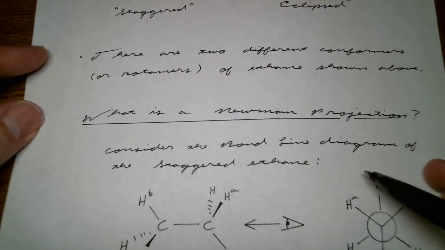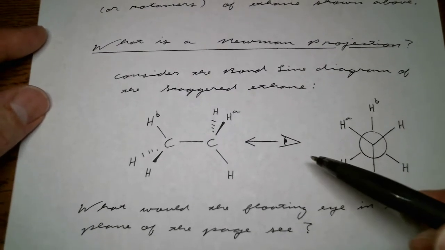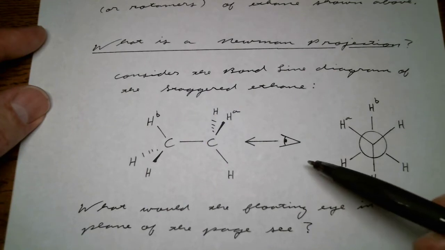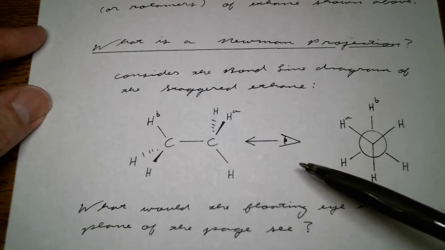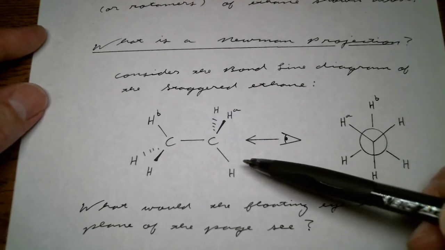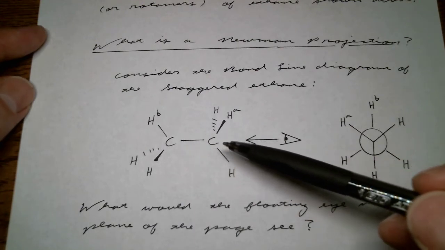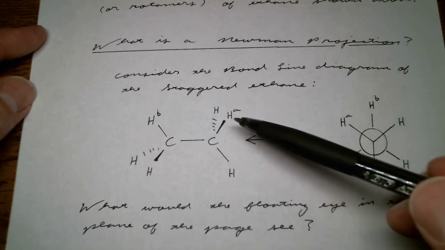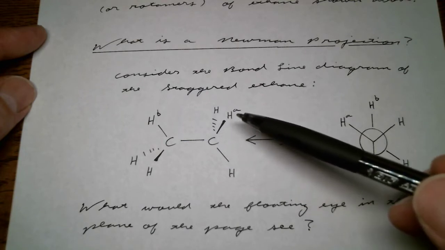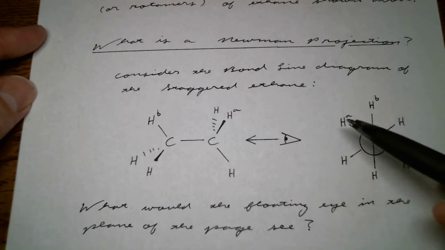Well, let's consider a bond line diagram of staggered ethane. What would the floating eye in the plane of the page see? Well, if it's an eye attached to a body in the plane of the page, and it's looking down this carbon-carbon bond, it would see the front carbon, and I've drawn that as a point now, and this hydrogen atom that possesses a wedged bond, I've labeled HA, the eye would see HA going up and to the left, its left.